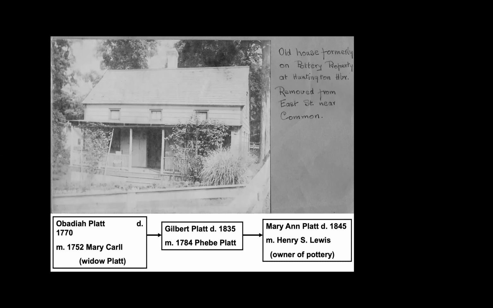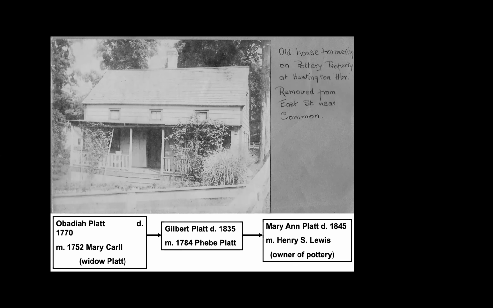It stopped at Platt's Tavern for lunch and had what he defined as a tolerably good lunch given by Widow Platt, because Obadiah Platt, her husband, had died in 1770, and it was being run by his wife.